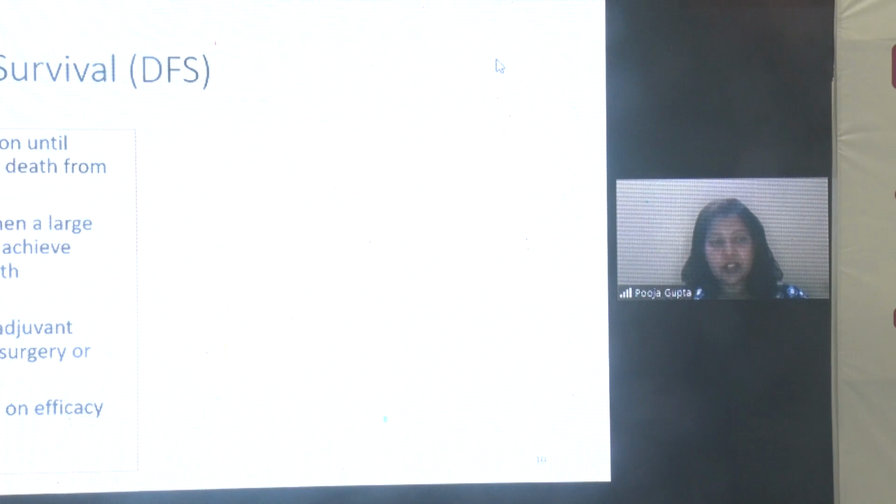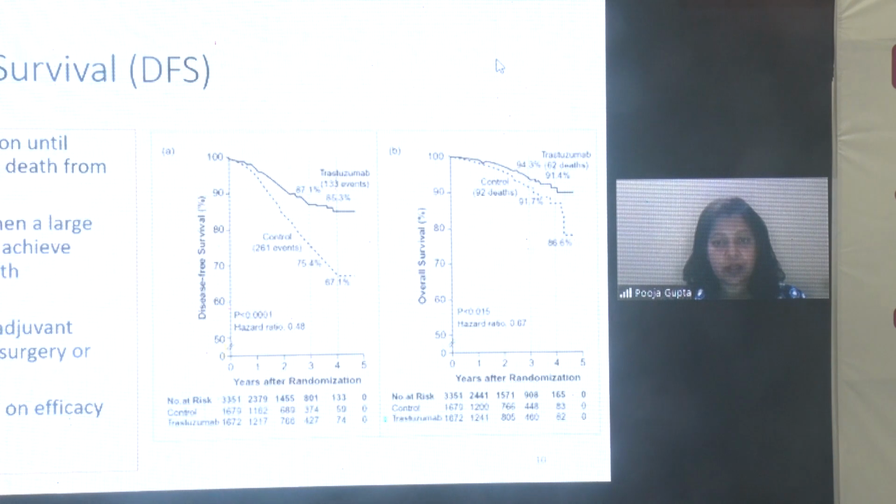So in such situations, survival also becomes one of the endpoints. This is just a small example, wherein trastuzumab was shown to have wide benefit in terms of disease-free survival, but in terms of overall survival, the benefit reduced a little compared to the standard of care.